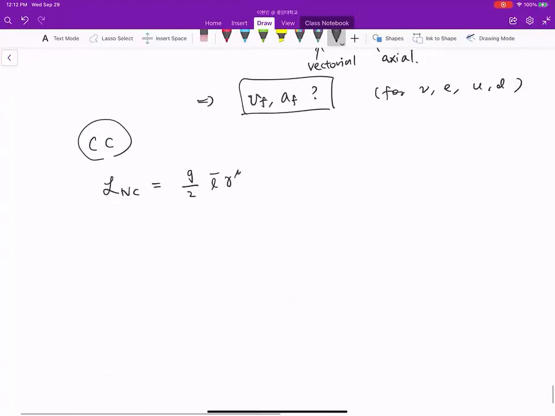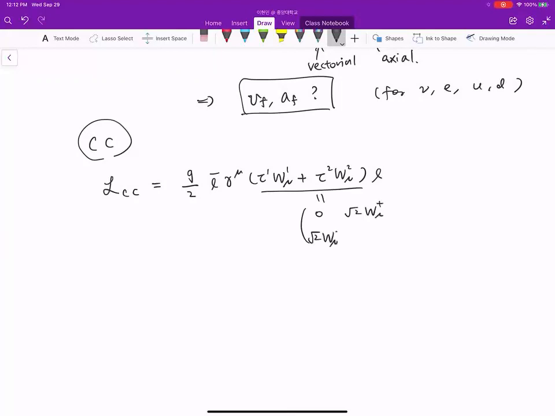Why did you notate it LNC, not LCC? Oh, okay, sorry. And this component, so this one has W plus minus.